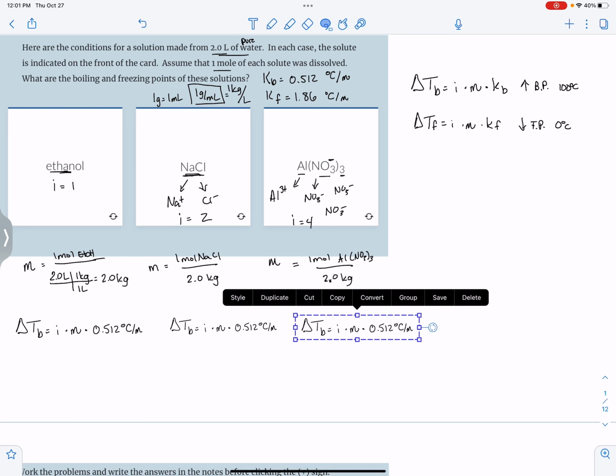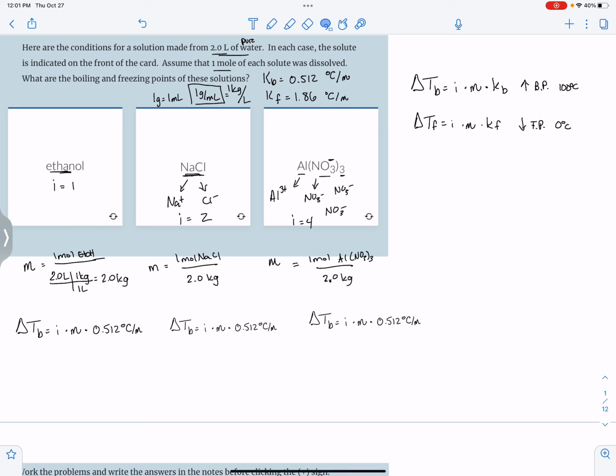And I want to point out that, again, the only reason that my molality is staying the same this whole time, the only reason, is because we're doing this in terms of moles. Someone has already done the moles. 1 mole of each of these substances would have a different mass.